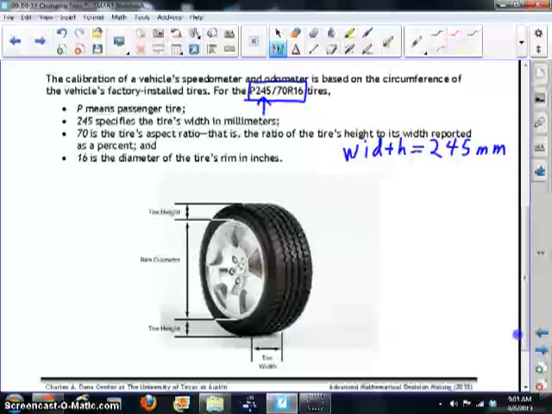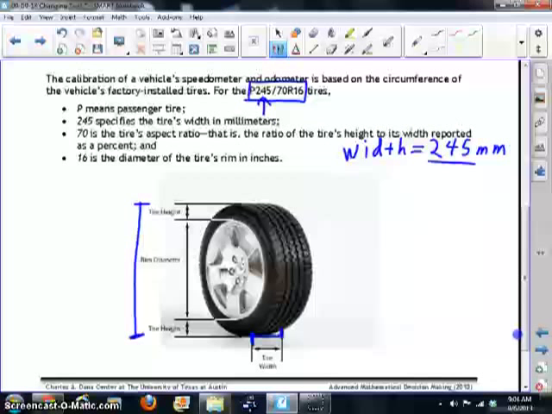So basically our tire width goes from here to here, if you can see that. We're going to solve for several different things. We're going to find out what the total height of this tire is. We're going to go from the bottom to the top, where it touches the ground all the way to the top of the tire. So this is the width that we have.